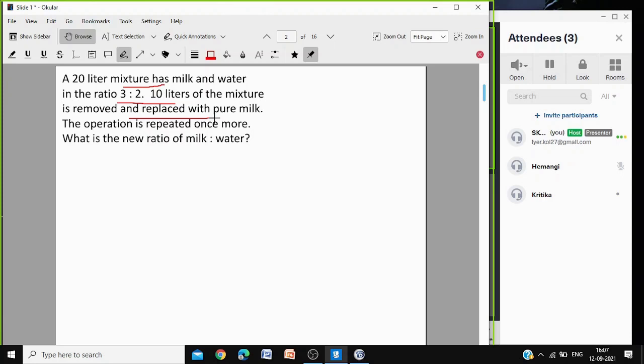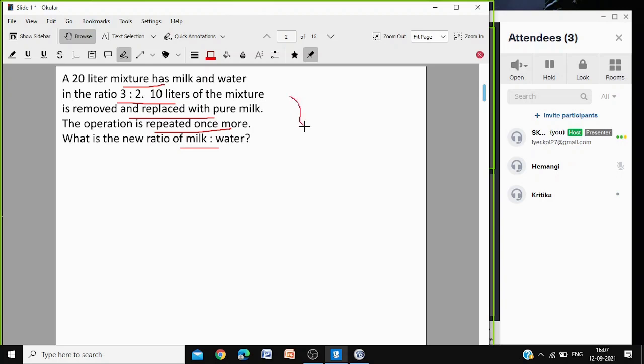You are removing the mixture, but in that place you are putting pure milk. So pure milk is replacing the dilute milk. The operation is repeated once more. That means a total of 2 times you are doing it. 10 liters you take out of the dilute milk, add pure milk, and once again you take out the dilute milk and add the pure milk. What is the new ratio of milk to water?